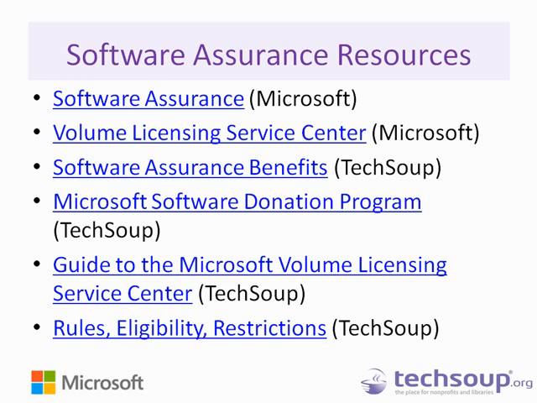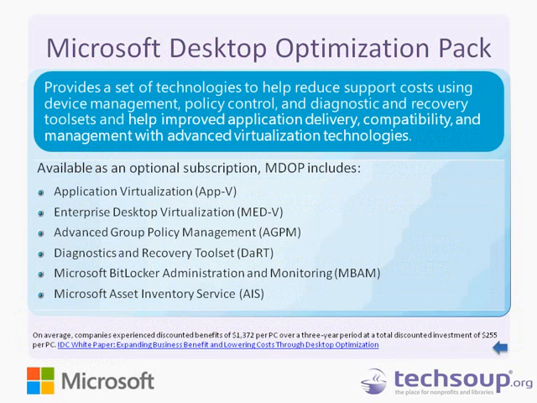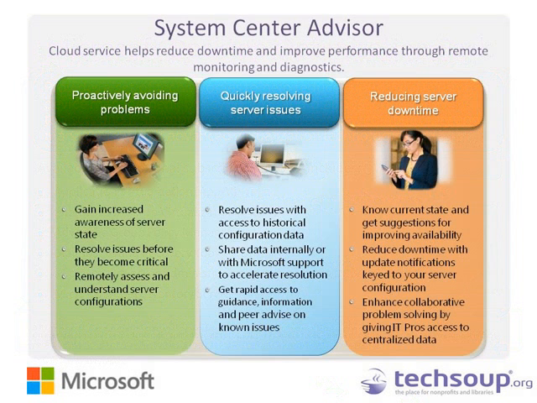Gregor has also included some slides that we're considering the appendix here that go into some more detail about the software assurance program. We're not going to go through them right now, but we wanted to make sure that they're there because they do talk more about some of those more technical programs like the Microsoft Desktop Optimization Pack and some of those benefits. System Center Advisor is another one.